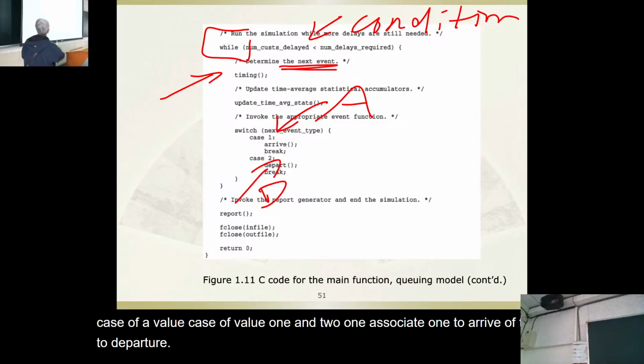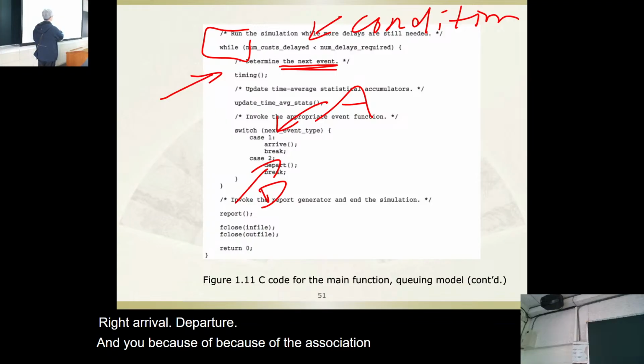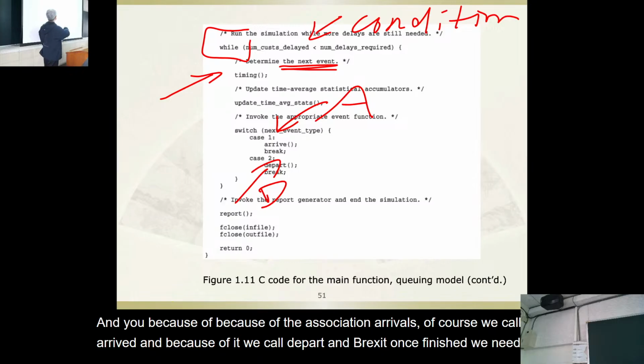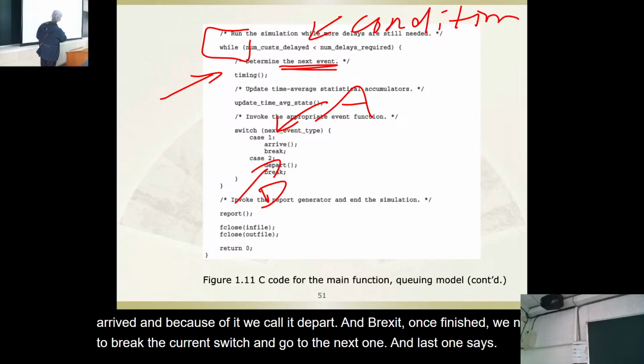Arrival, departure. And because of the association, for arrival of course we call arrive. And for departure, we call depart. And break says, once finished, we need to break the current switch and go to the next one. And next one says while, break.